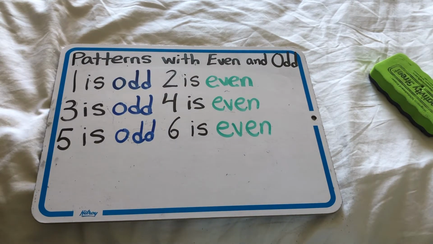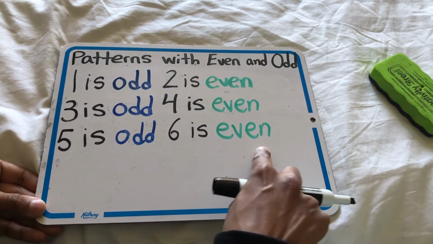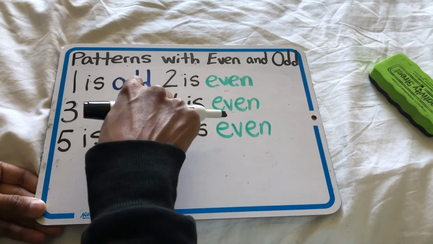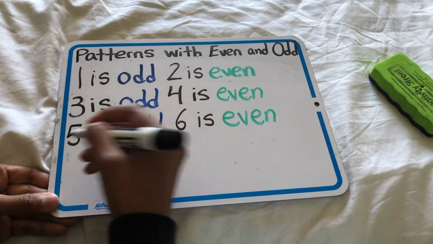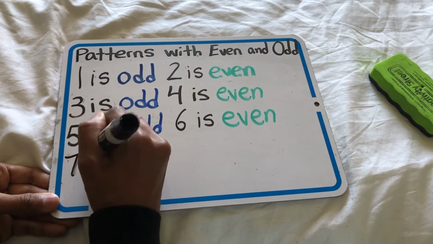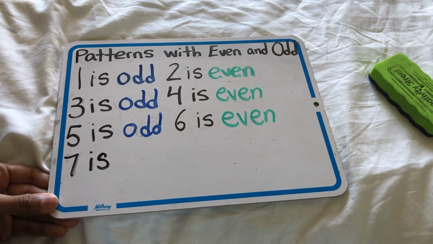What do you think 7 is going to be? Do you think 7 is going to be odd or even? 7 is going to be odd. 6 is even. I know my pattern is odd, even, odd, even, odd, even. What comes after even? Odd. So 7 is odd.